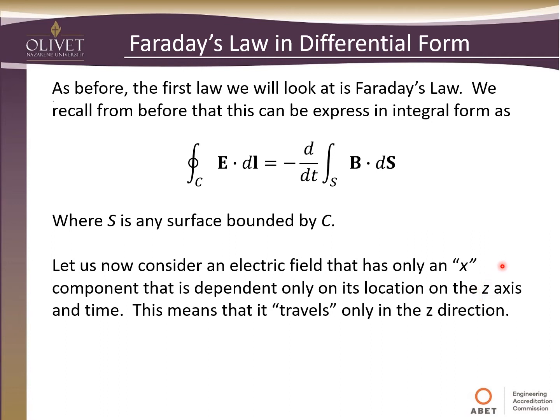So that means that this field only depends on its location on the Z-axis and time. So that means it travels in the Z direction. So the general form of the way this would look is our E vector would equal some Ex, which is only dependent on its position on the Z-axis and time, and it's only going to vary in the X direction.